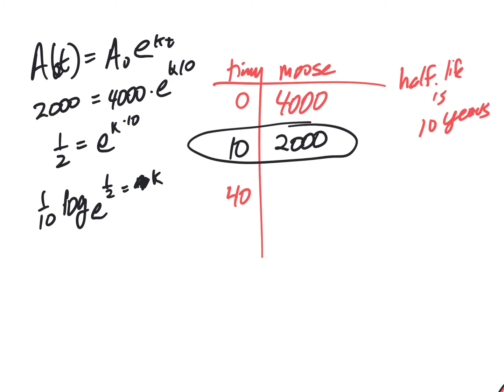Awesome. Now, most of you failed in this next part, so try to figure this out. Start with rewriting the formula again. That's a really key step. Now you have different info to stick in. We still know the starting amount. It's still 4,000 moose to start with.